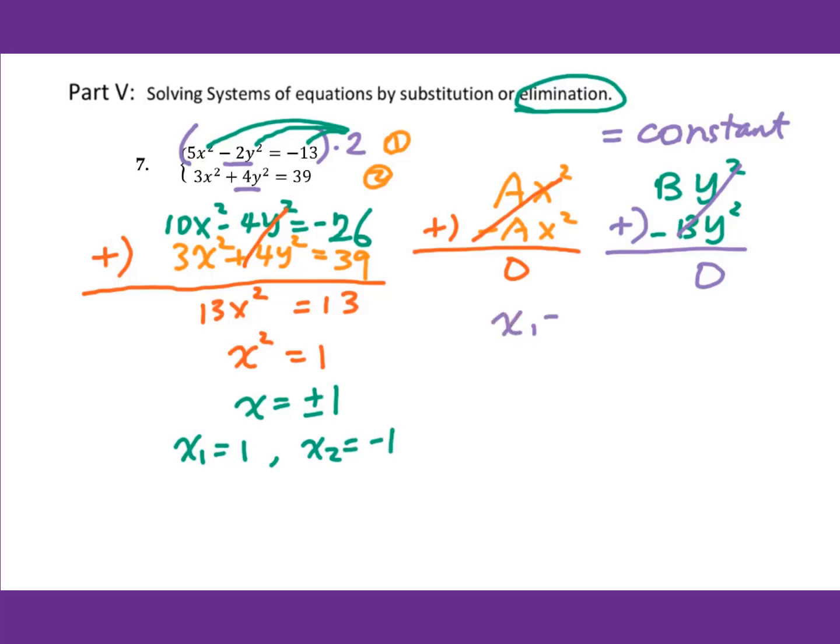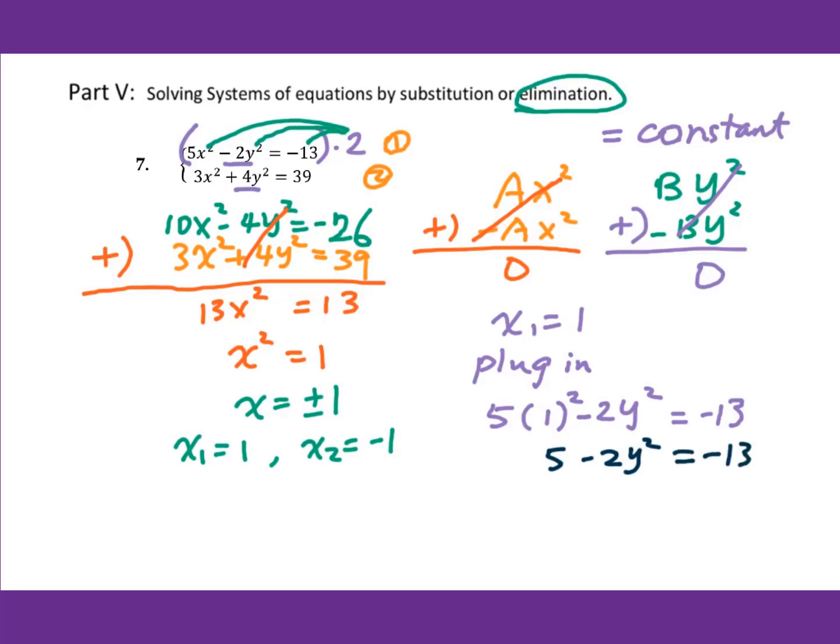For x1 equals 1, I plug into the first equation. You will get 5y squared minus 2y squared equals negative 13. So we get 5 minus 2y squared equals negative 13. And this is a power pattern, so try to isolate this y squared.